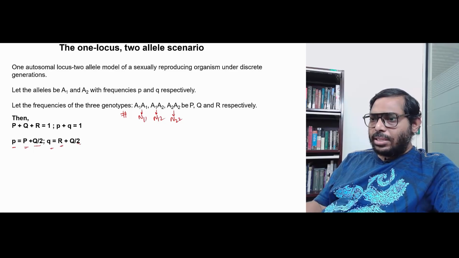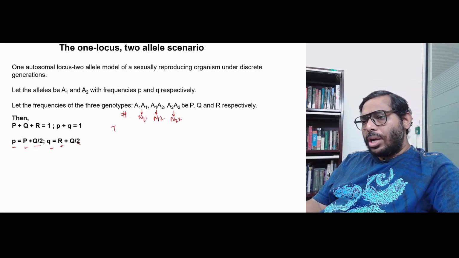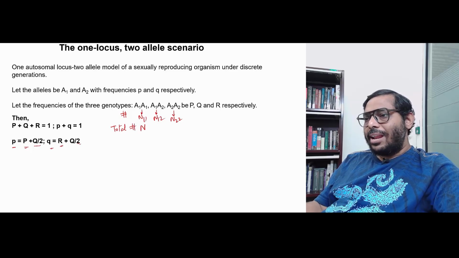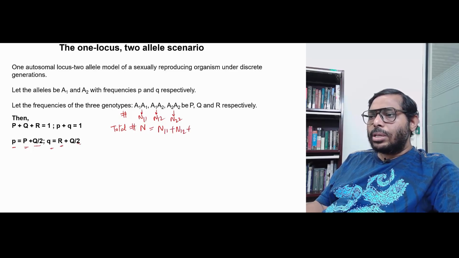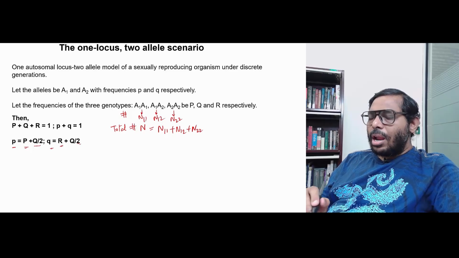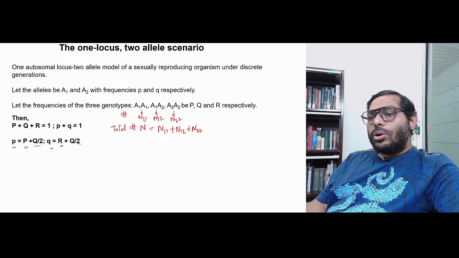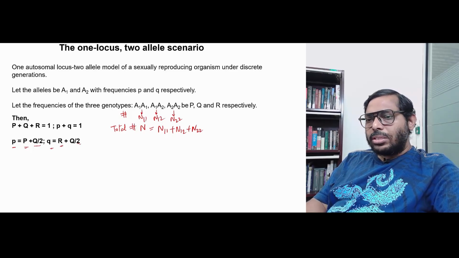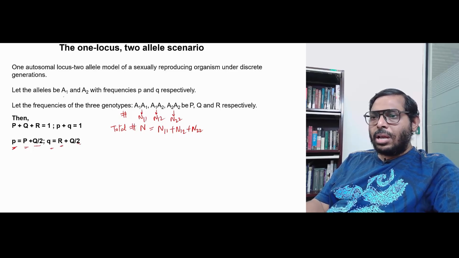So, if that be the case, then the total number of individuals, we will call it N, is equal to the sum of these 3, so N11 plus N12 plus N22, right. Now, we want to figure out what is the frequency of the A1 allele. We want to figure out what is small p.